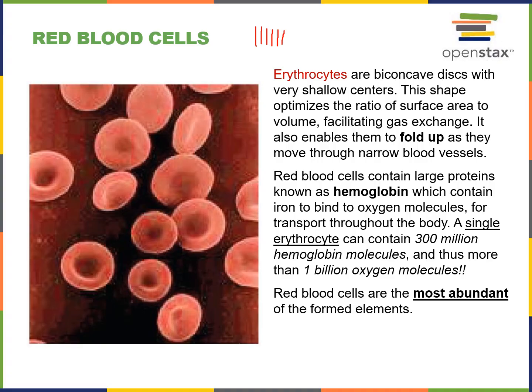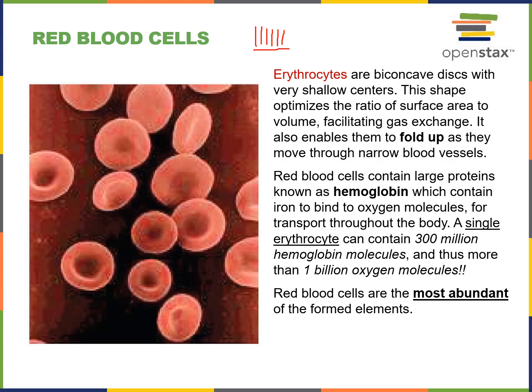So red blood cells can stack like this, and that allows them to pass through blood vessels, because we have a lot of red blood cells in a drop of blood. Additionally, we also have a lot of oxygen being transported by these red blood cells.